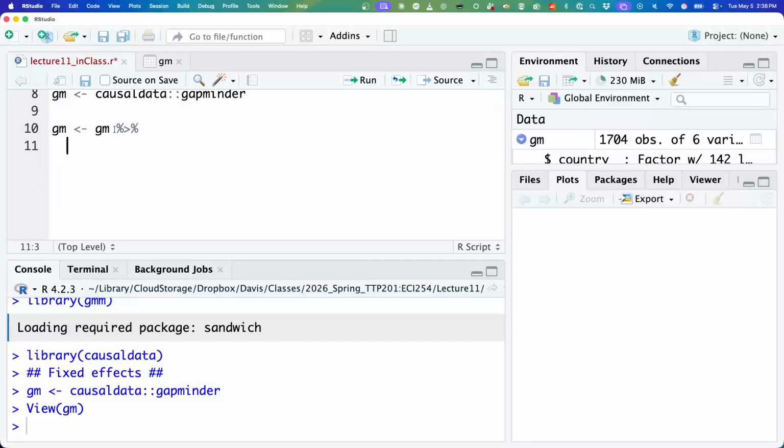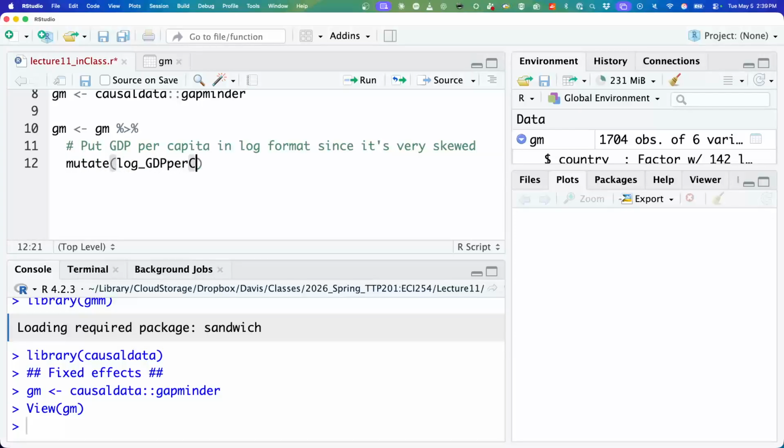Okay. So I think they call this a pipe. It's a way that we're specifying to do a series of operations on our data. So first thing, we're going to put GDP per capita in log format since it's very skewed. So we're going to mutate log GDP per cap. And that's going to be like so. We're just logging that.